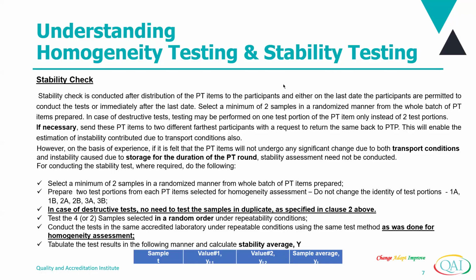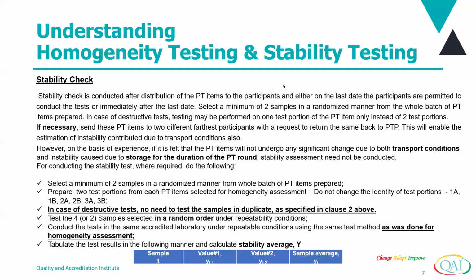So stability, as I said, needs to be performed in case of testing. In case of calibration, you have to perform an initial check, which we also call stability. In case of calibration, we are not going for homogeneity. We call it a stability check before and after completion of the PT scheme.